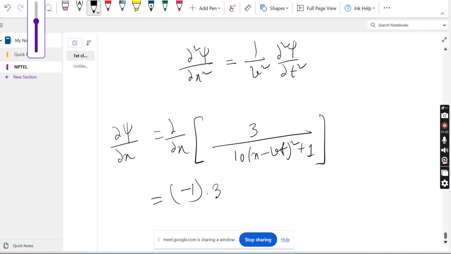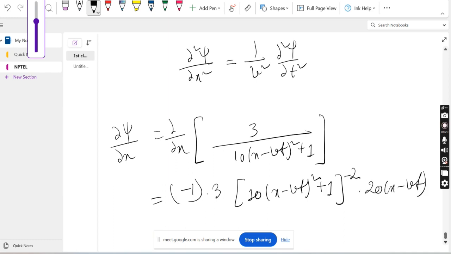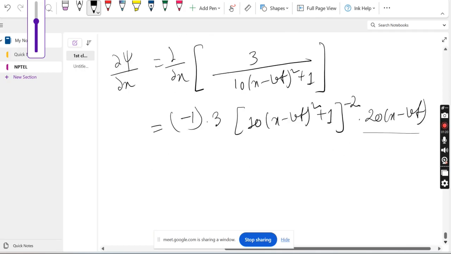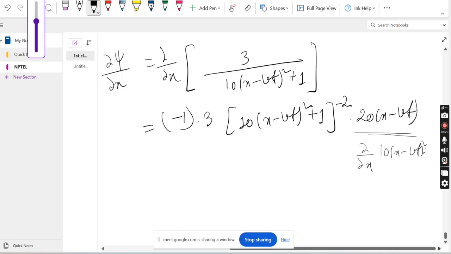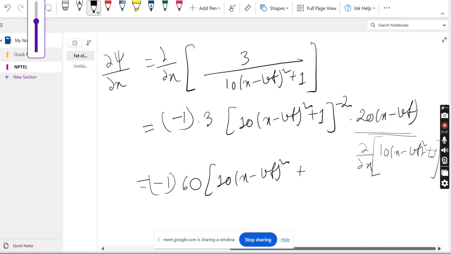This gives 3 into 10 x minus vt whole square plus 1 to the power minus 2, into 20 x minus vt, which is minus 60 times x minus vt over 10 x minus vt whole square plus 1 whole square.